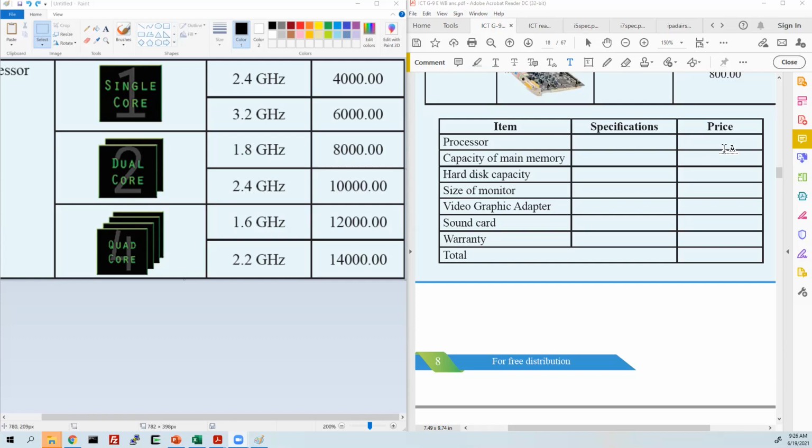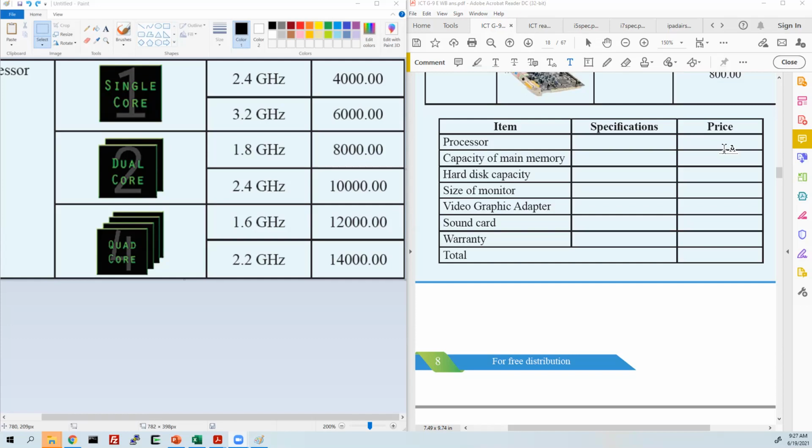So in this exercise, what we are going to do is to build a computer, right? Now for that computer, you need to identify what are the items that you are going to select and the price, right? Now finally, we are supposed to find the total price.